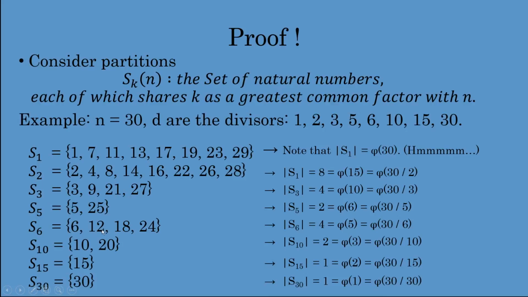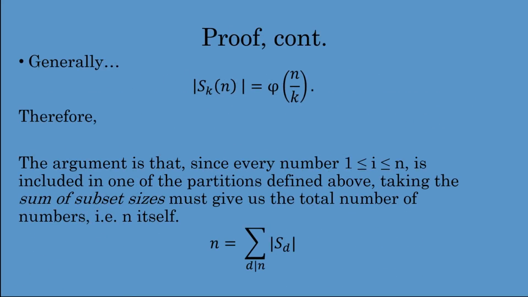I don't want to get too far into specifics, because basically the argument is, and I hope you listen closely, because this is a somewhat important, complex, interesting argument. Basically, assume it isn't true that the size of S sub k of n equals phi of n over k. Well, think about what that implies.